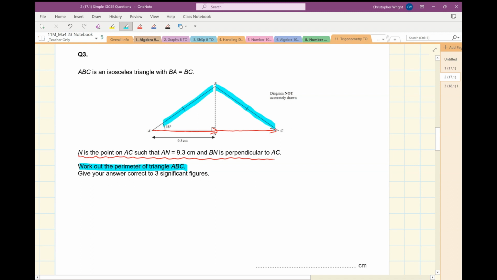Well, each of those lengths are the same, aren't they? And I could find them by looking at one of these right angled triangles. I'm going to consider the one on the left, which looks like this. I've got A and N, 9.3, and that angle is 38, and I'm trying to find that length there.